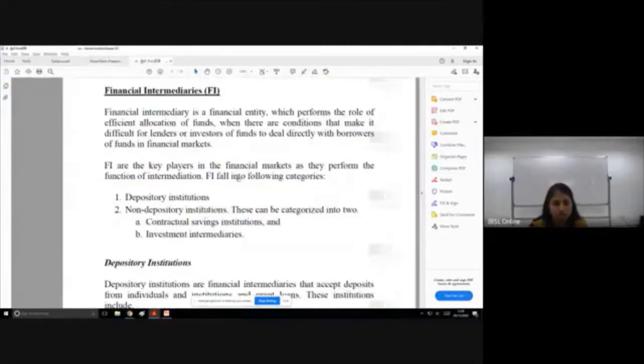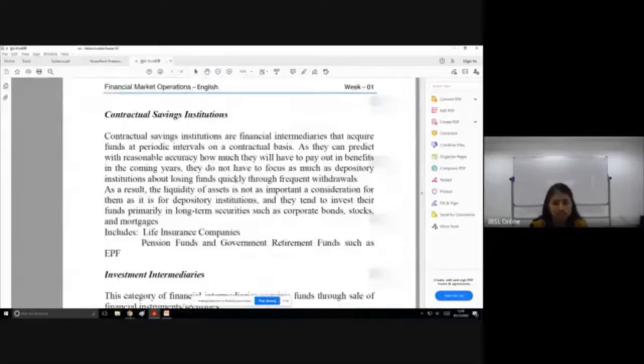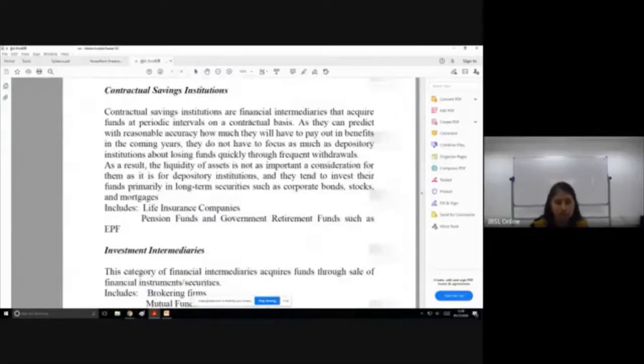Now I'm going back to the note. For the contractual savings institution, the examples I could easily tell you are EPF, or an insurance company. On a contractual basis, you need to make some payment to them.